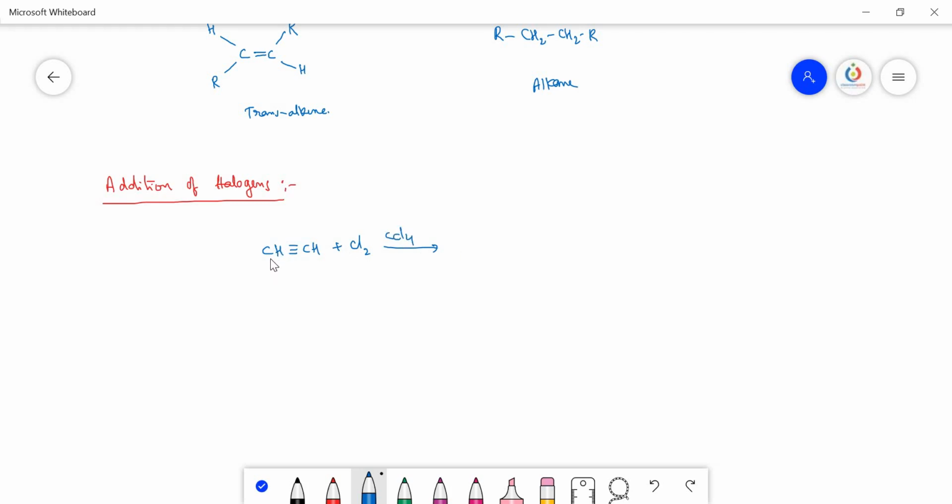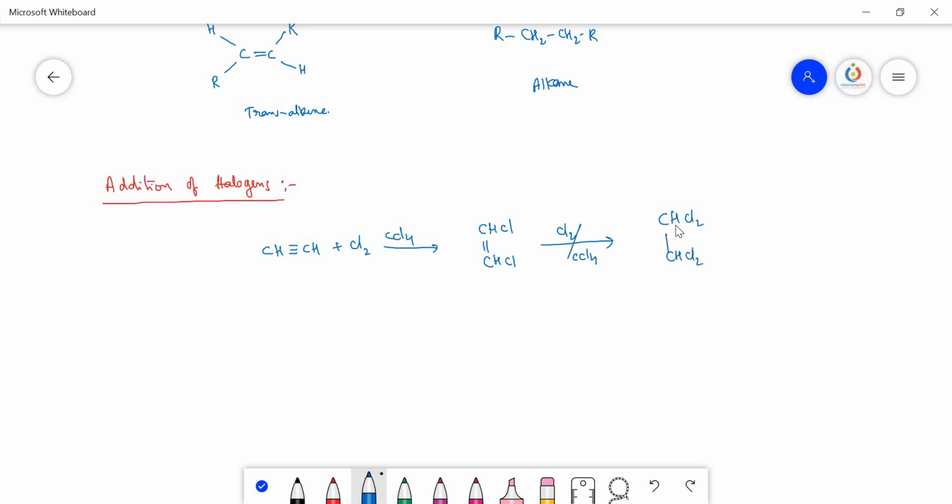One chlorine will be added to one side and another chlorine to the other side. So we get CHCl double bond CHCl. Now again you add chlorine in the presence of CCl4. You break one more bond and add chlorine here and there. So you will get CHCl2 and CHCl2.